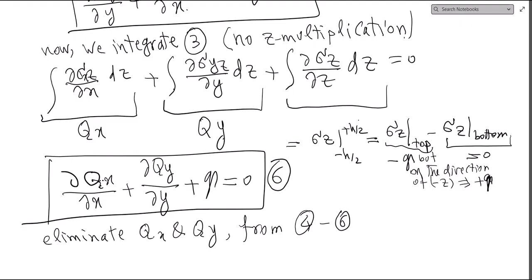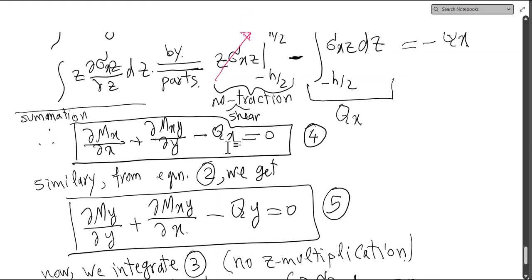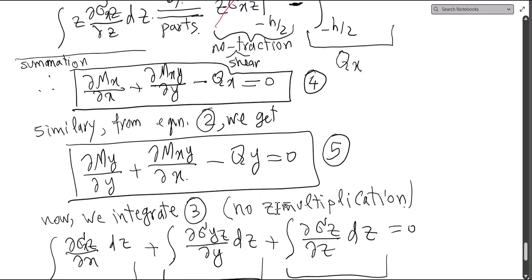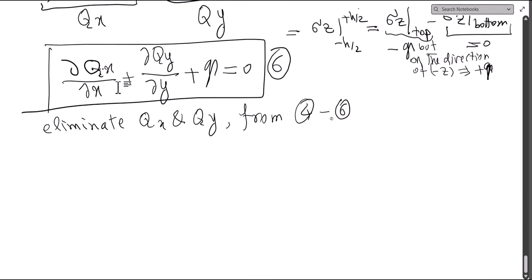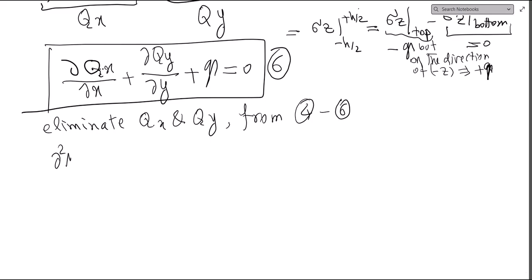That is simple, because we have the summation here: we bring qx and qy to the other side and sum it up, and then for the summation of these two we put minus q, and this gives us the equation in terms of m.